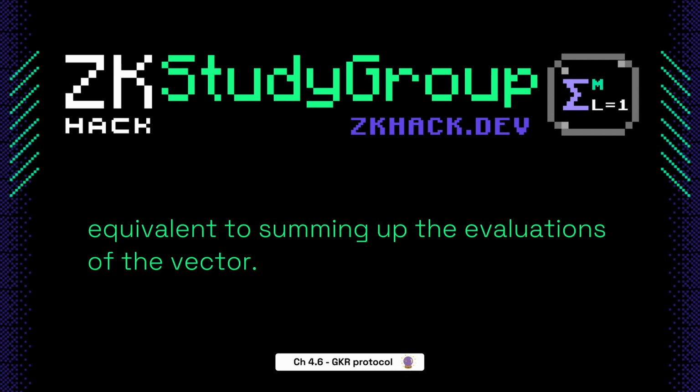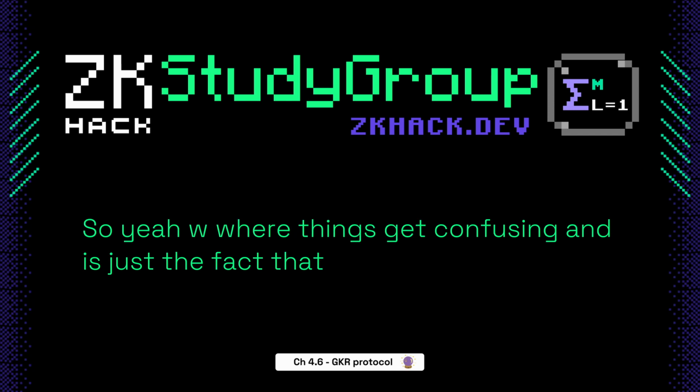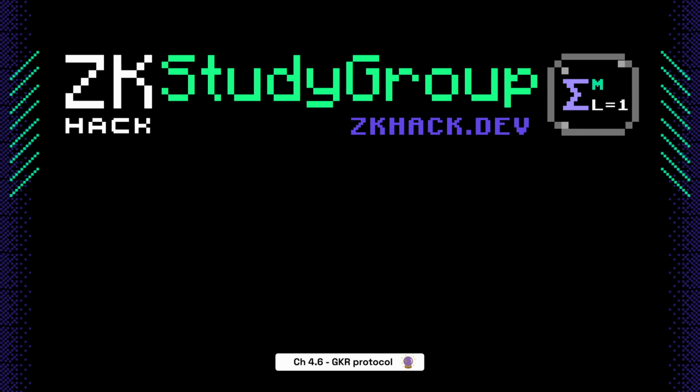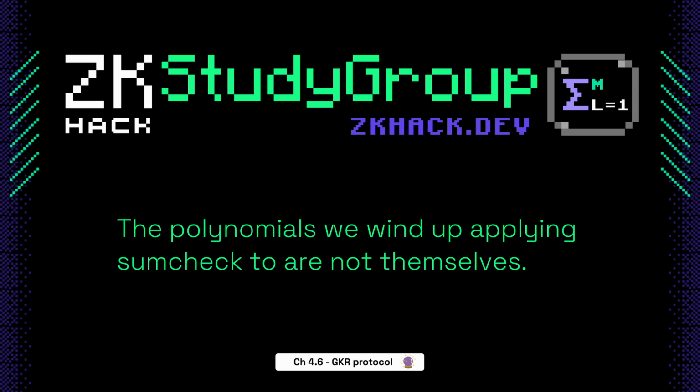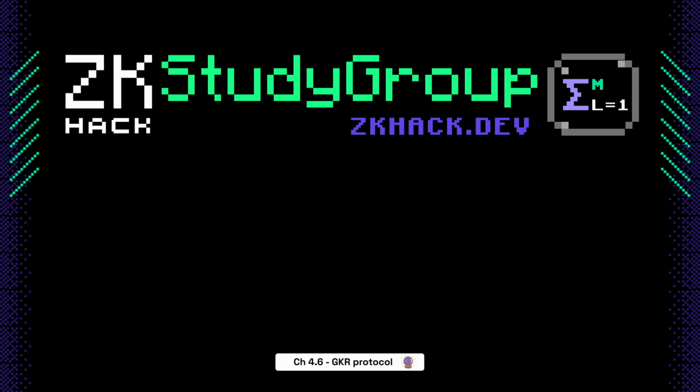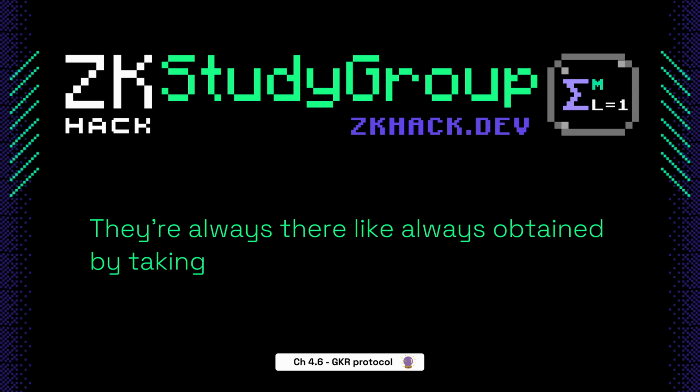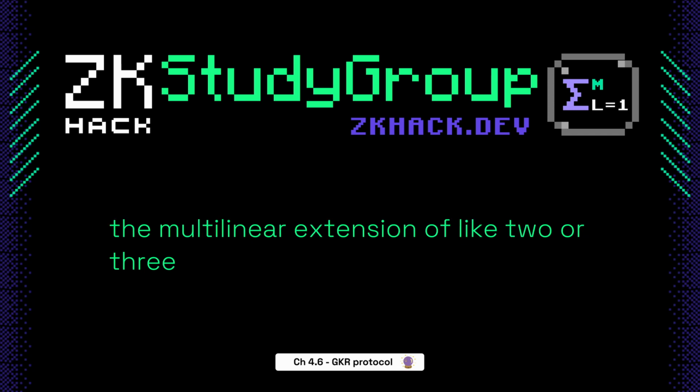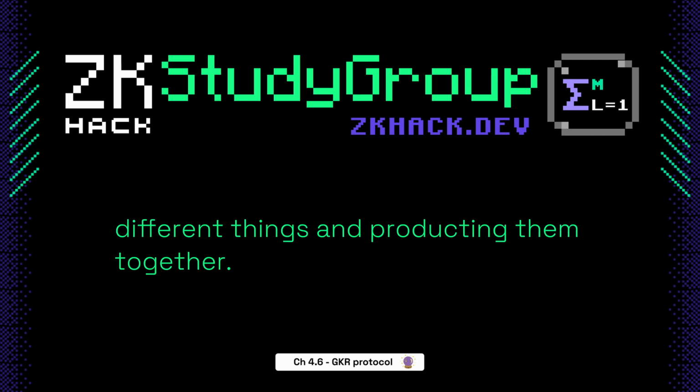So where things get confusing is the fact that the polynomials we wind up applying sum check to are not themselves multilinear extensions. They're always obtained by taking the multilinear extension of two or three different things and producting them together.